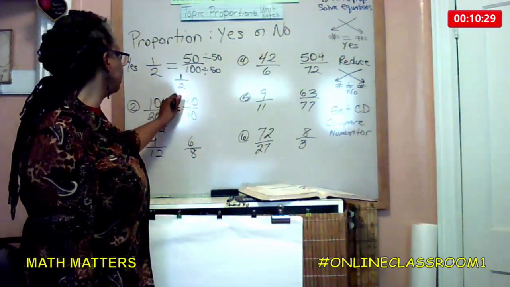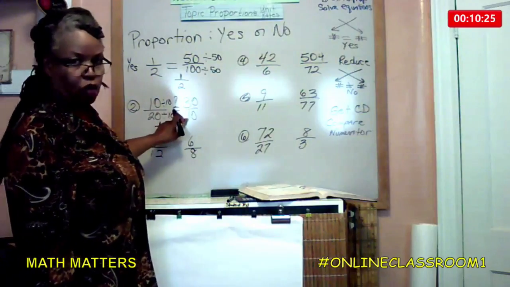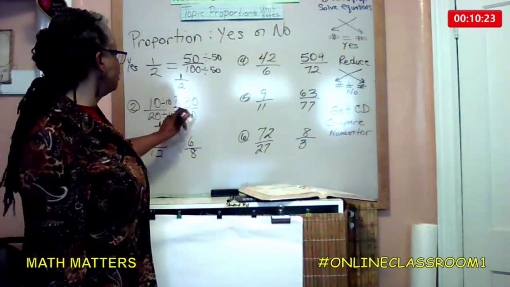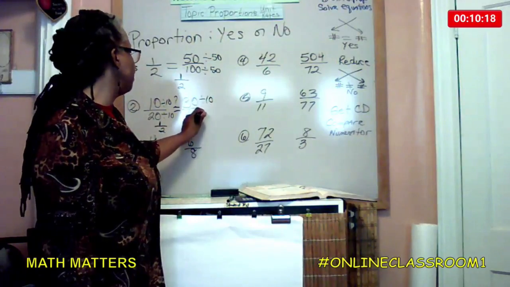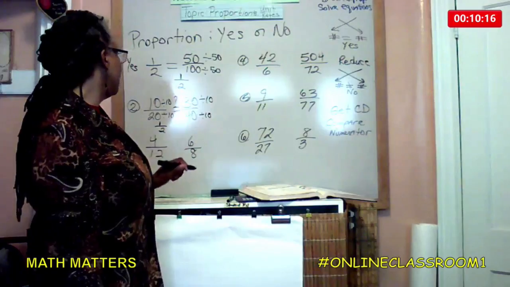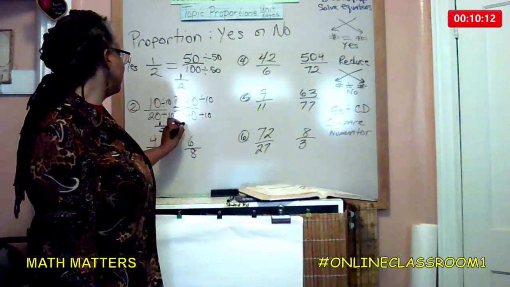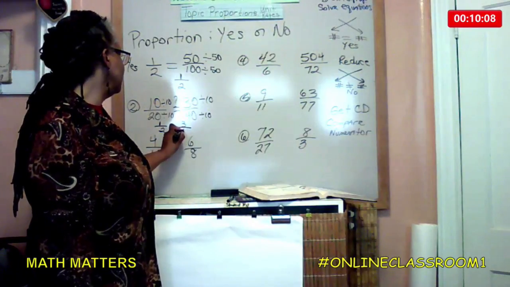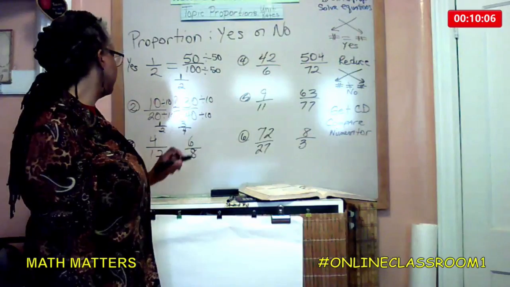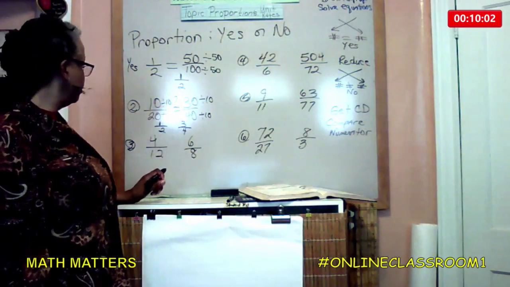Here I have 30 over 40. I can also divide by 10. 30 divided by 10 is 3. 40 divided by 10 is 4. I'm now comparing 1/2 to 3/4.